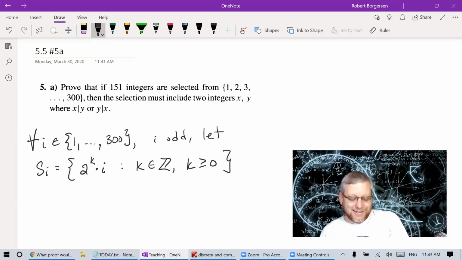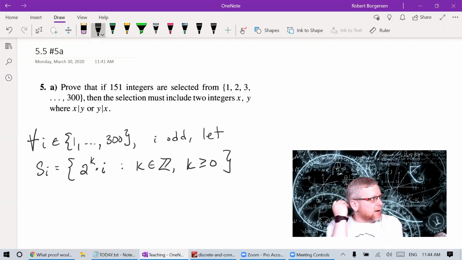Okay, so SI is the set of all numbers where it's the odd multiple. Is that what I want? Yeah. That the number itself is a power of 2 times that odd number. So let's just pick some random numbers.